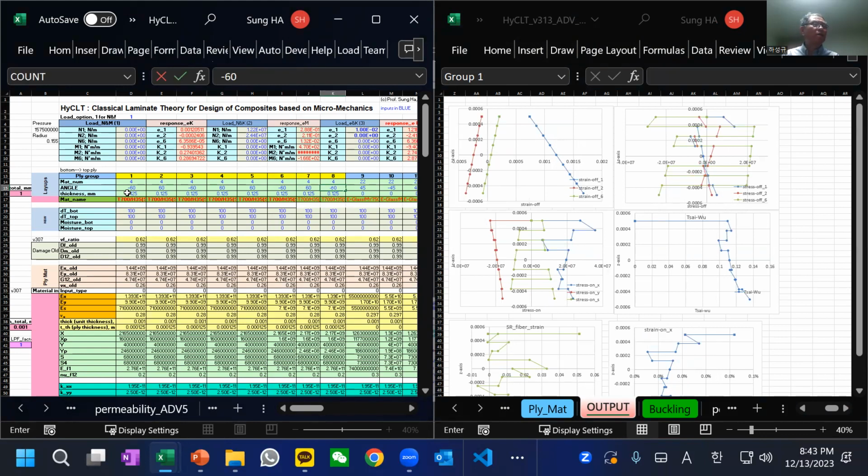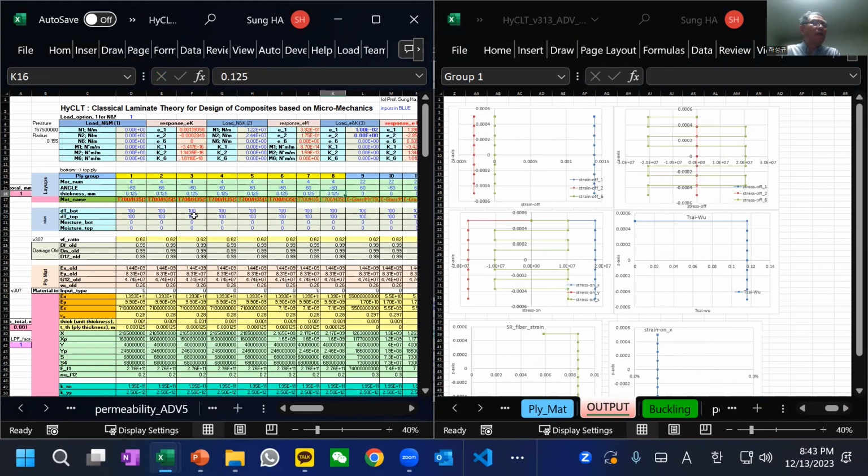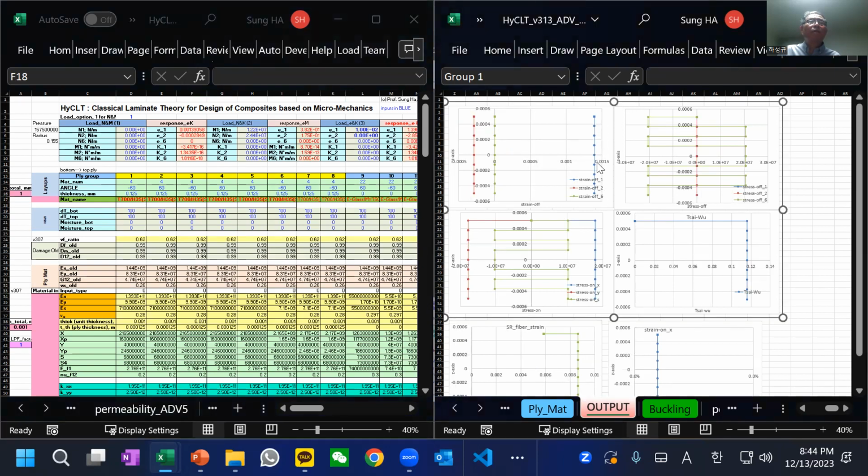So it's all symmetric, but now the layup is a plus minus biaxial, biaxial 60 degree. I'd like to emphasize the strain. Now in X direction and Y direction, they are different. This red and the blue, they are different. And of course there is no shear strain.